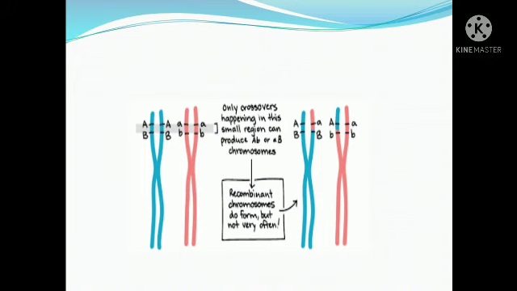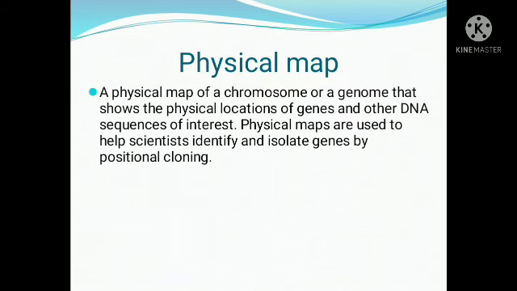By identifying the recombination, based upon that we identify the distance between two genes that are placed. I will tell you the example later. So this is an example of recombination through which the separation of the markers is seen.